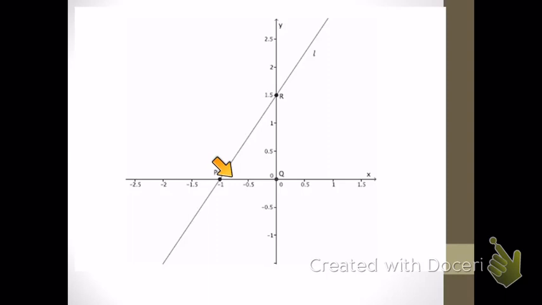It's marked off in half units here. Every tick mark is a half, but PQ is 1 unit, and we notice that the line is rising 1.5 units. So in this case, we could say that the slope is 1.5. The slope is 1.5 for this line.